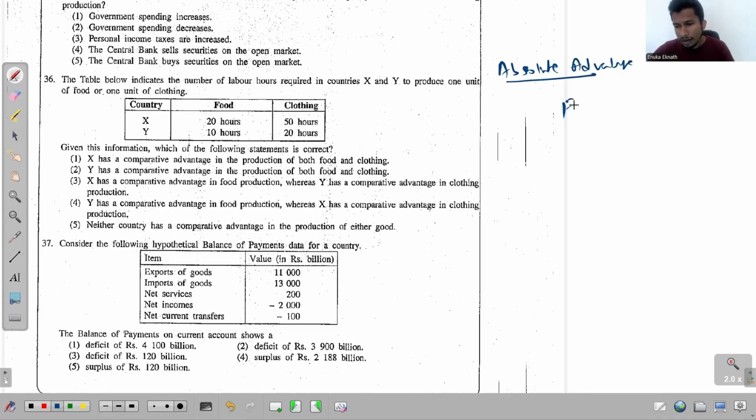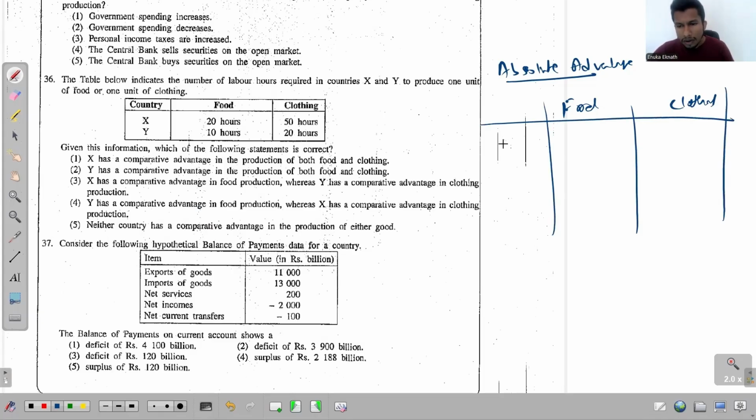So we have food, and then we have clothing. Then on this side, we have this country X and the country Y. So these are the input values. So if you remember that note, how do we recognize a country with the absolute advantage? By recognizing the country which uses the least amount of inputs to produce that output.